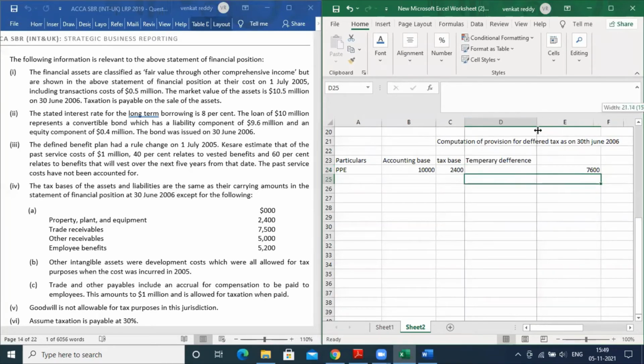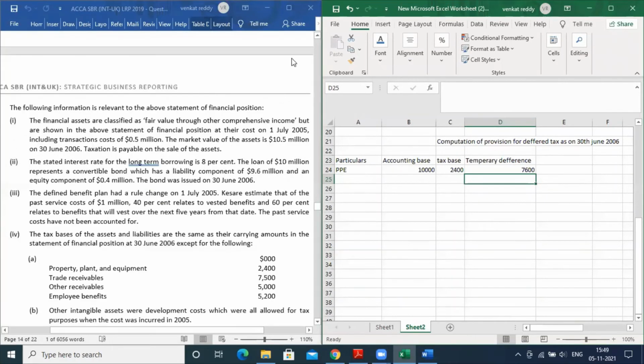As I already mentioned, if the carrying value of an asset as per accounting base is more than the tax base, we assume it as taxable temporary difference. In this case also, the value of property, plant and equipment as per accounting base is 10,000 and as per tax base is only 2,400. So we got a taxable temporary difference, that is 7,600.